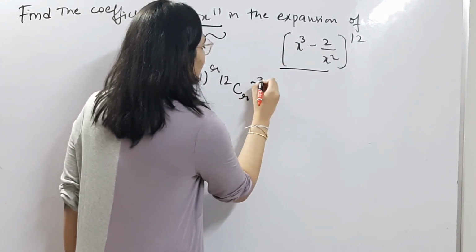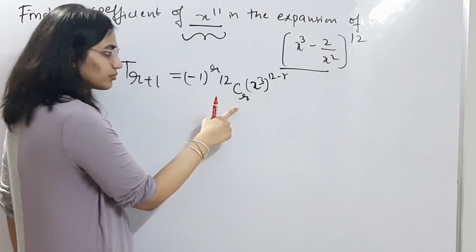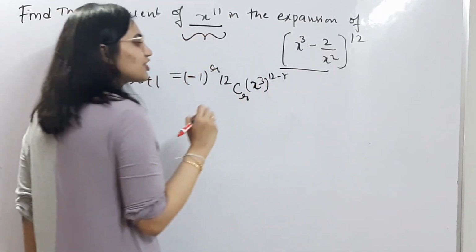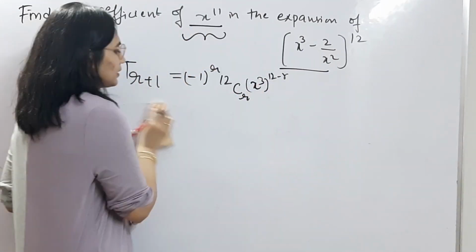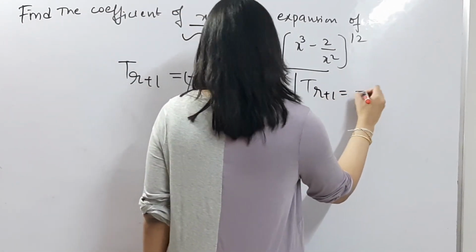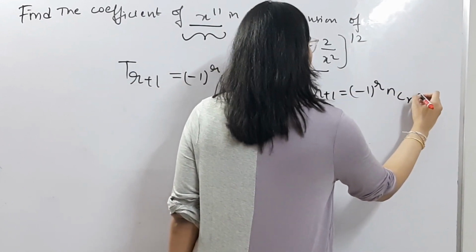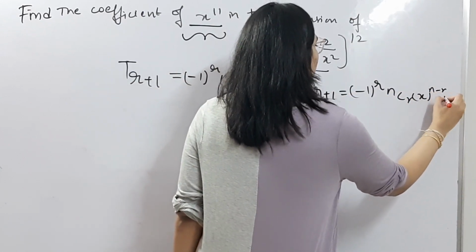So x cube whole power of 12 minus r. I'm just writing the general term's expansion. The general term formula is T(r+1) is equal to minus 1 whole to the power of r, nCr into x to the power of n minus r into y to the power of r.